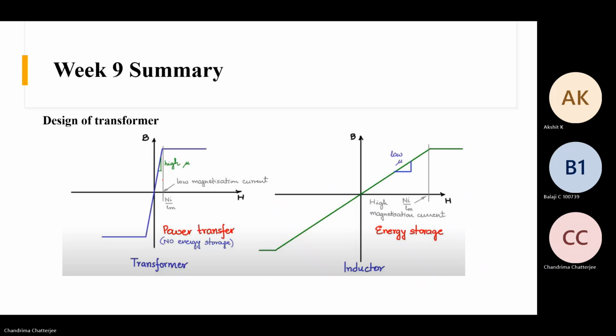So the basic difference between the inductor and the transformer is that an inductor is an energy storing component. The inductor can store magnetic energy for some time and then dissipate it. But a transformer doesn't store energy. It just transfers the power.